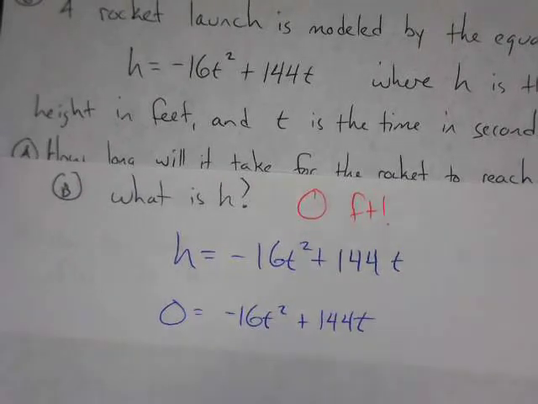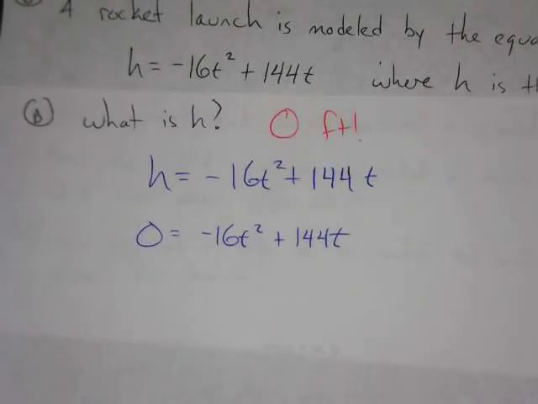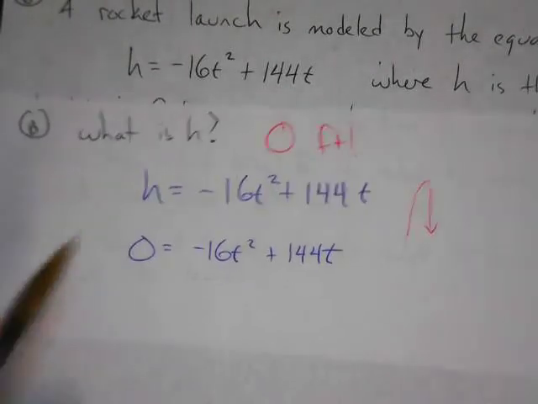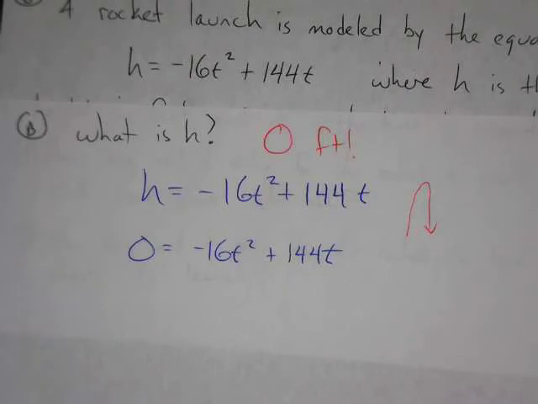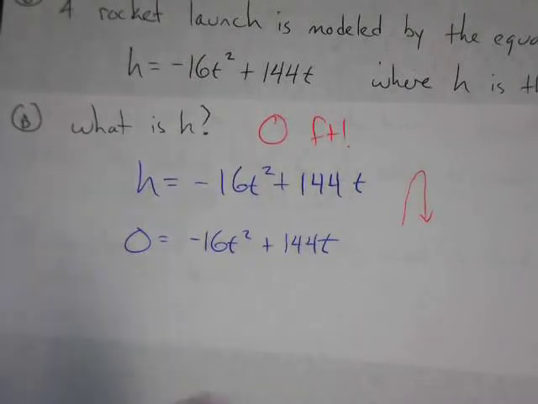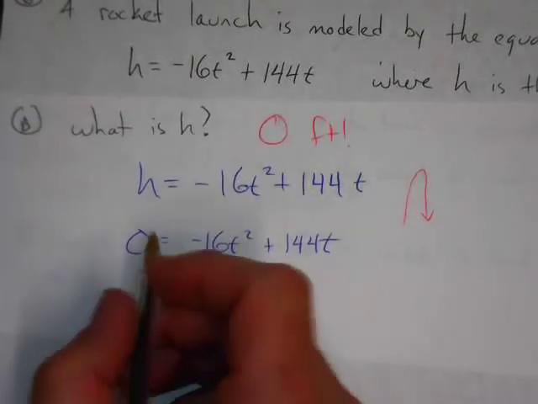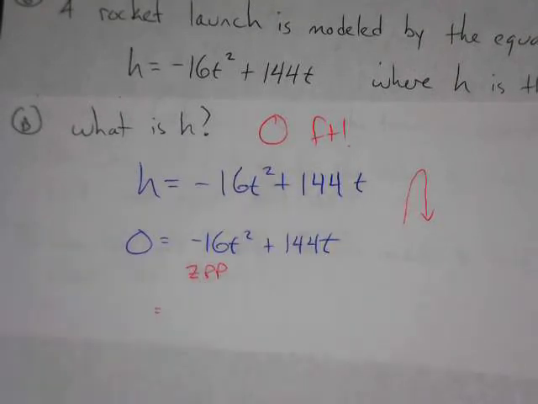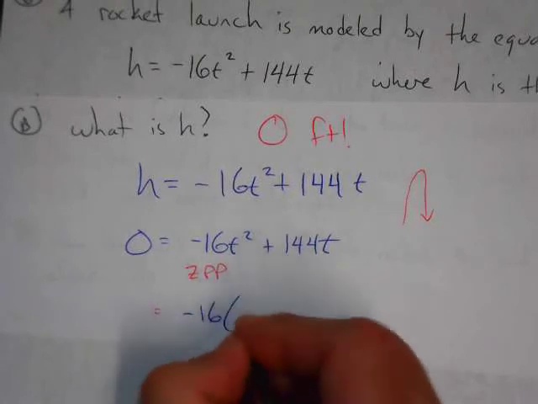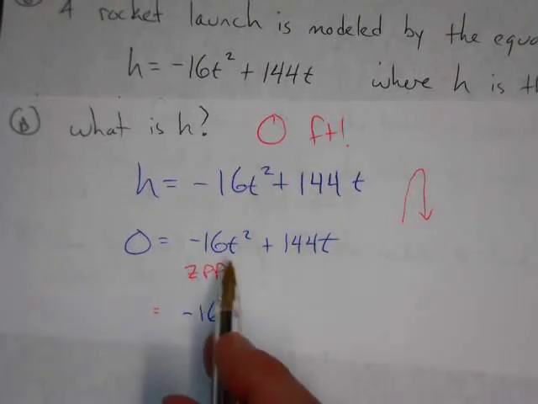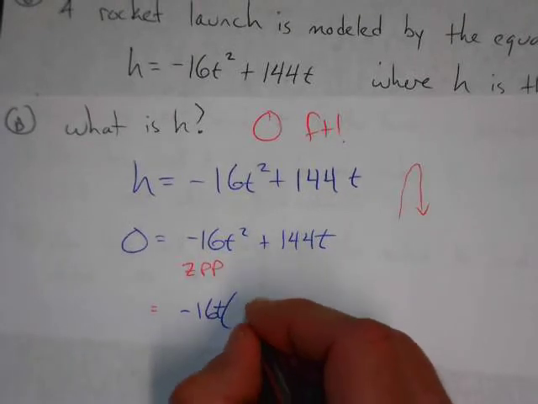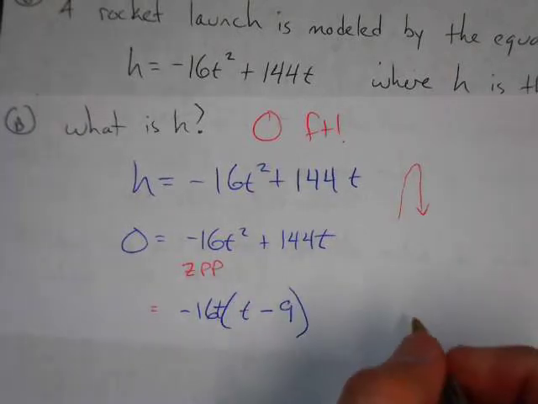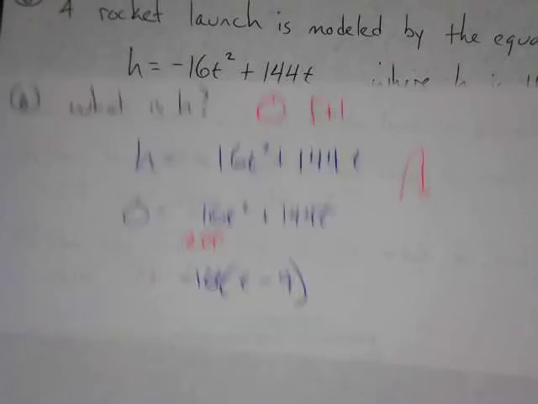So the question is quite straightforward. How long will it take to land? Remember the DASP. It's a rocket shooting up and then landing again. We're pretty much done. Solve for t. We can use the zero product property right here. Factor out a negative 16t, and we'll be left with t minus 9.